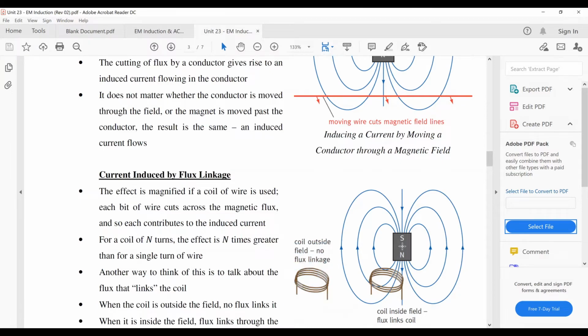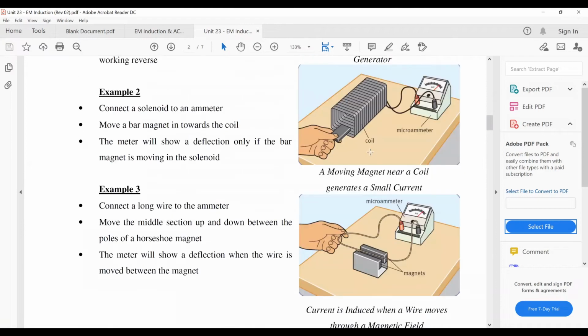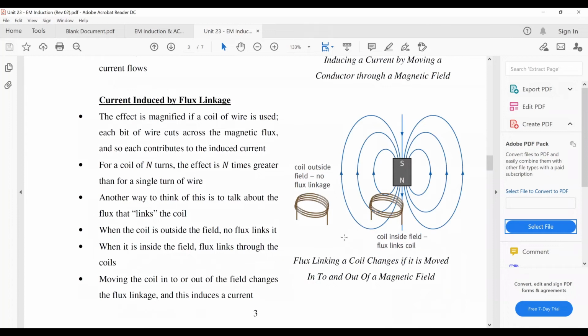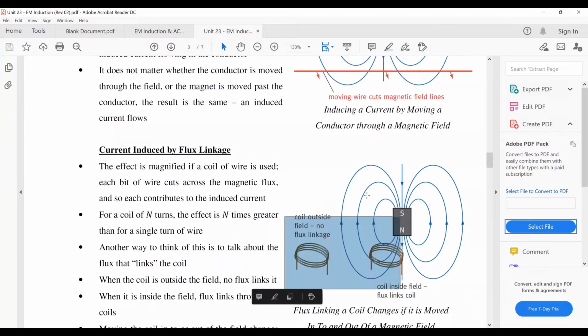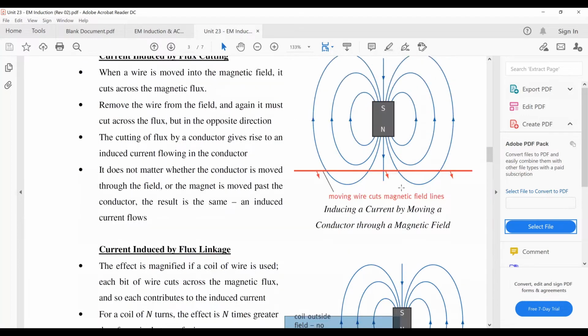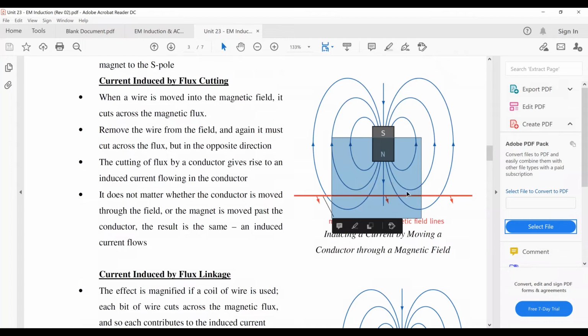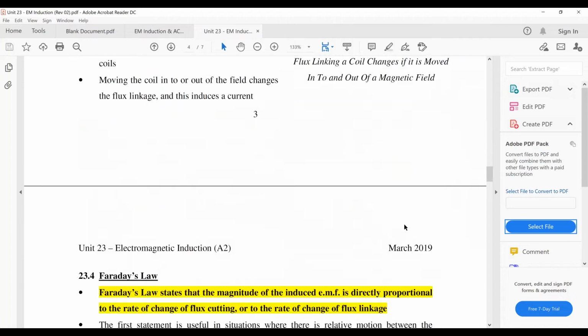But once I place the magnet near the coil, like when I move it in, you will see that there is now magnetic flux linkage. So there's a change in magnetic flux linkage here, which in turn causes induced current, induced voltage. So here I have a change in flux linkage, so I have electricity generated. For this one, I have flux cutting, so I have generated electricity also.